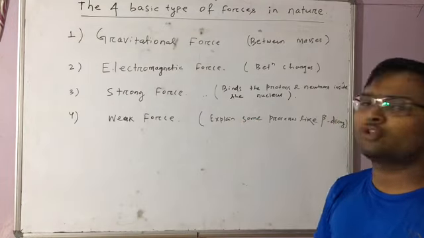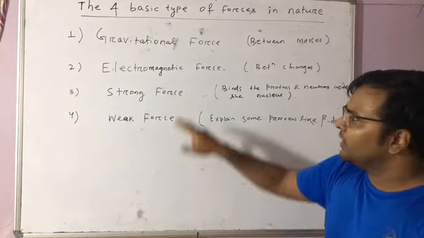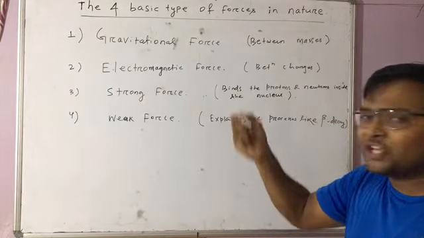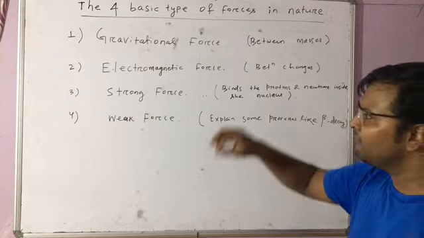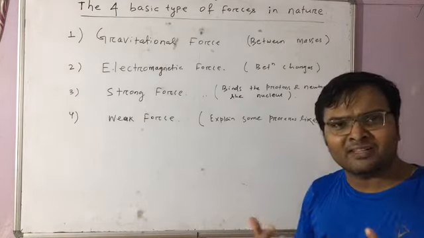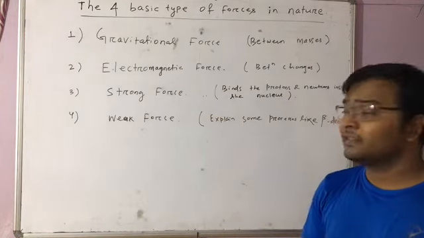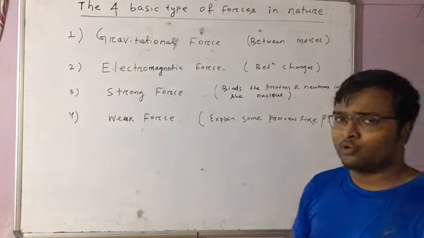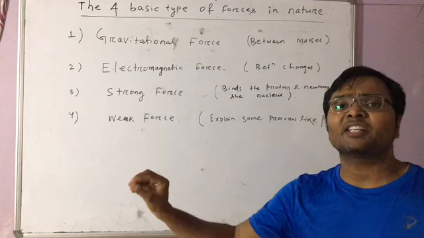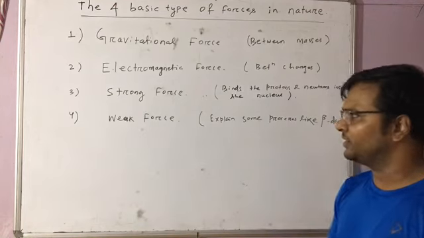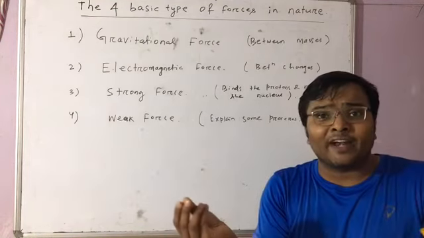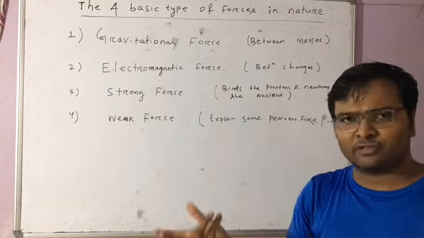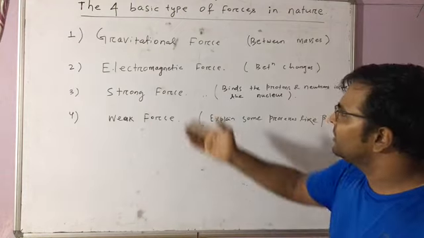Now comes your electromagnetic force. This is the most important force in relation to us. Every process in our bodily mechanism is governed by these electromagnetic forces. Clear? And this force exists between charged particles. What is a charged particle? There are also some fundamental, intrinsic properties of objects.